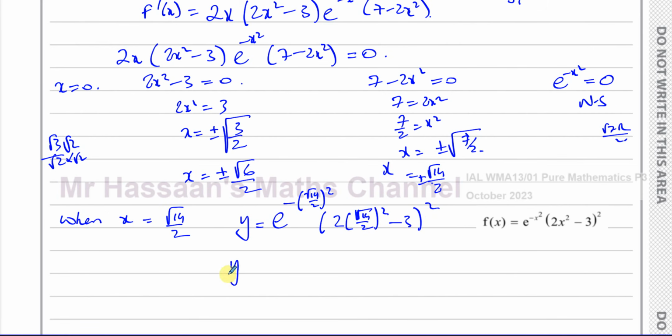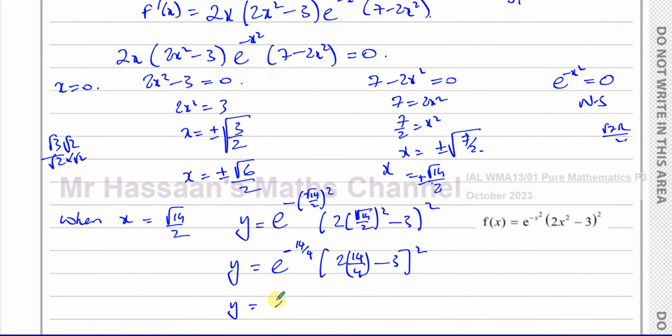So let's see what that gives us. It says exact, so we'll leave it in terms of e. When you square this, you're going to have e to the power of minus, the square of root 14 is 14, the square of 2 is 4. So that's minus 14 over 4 times 2 times 14 over 4 minus 3 squared.